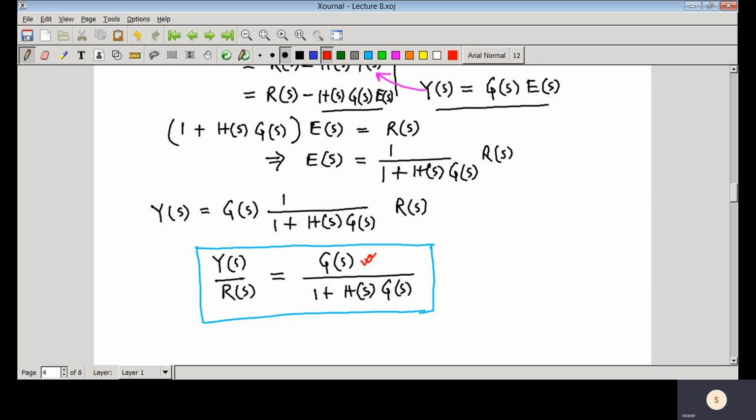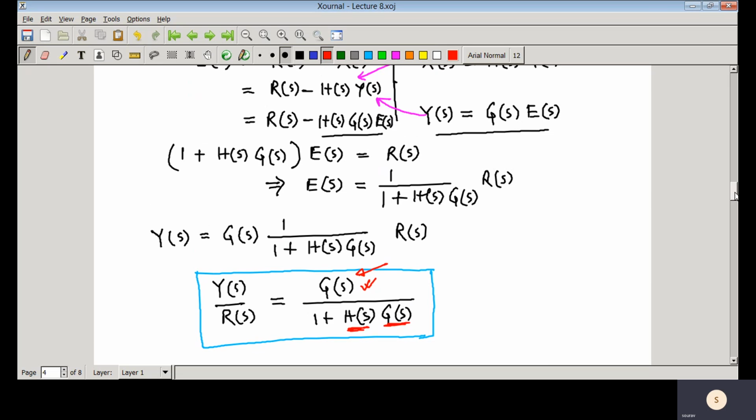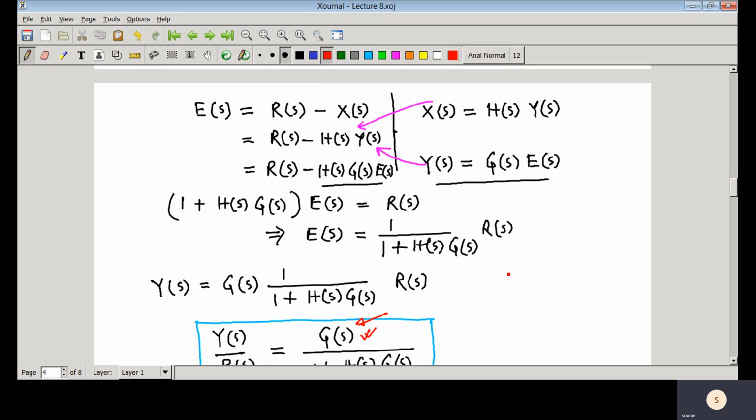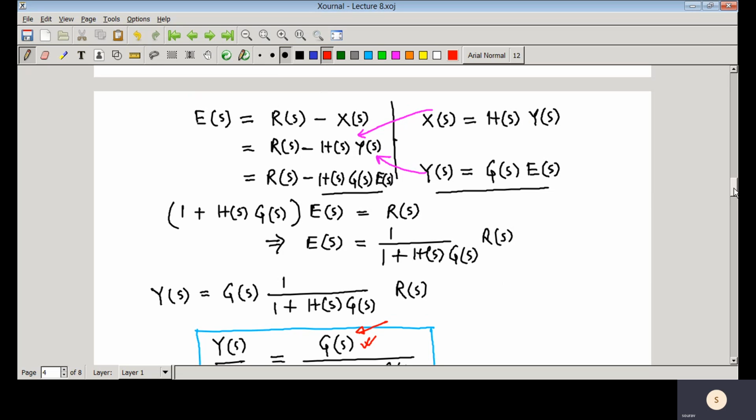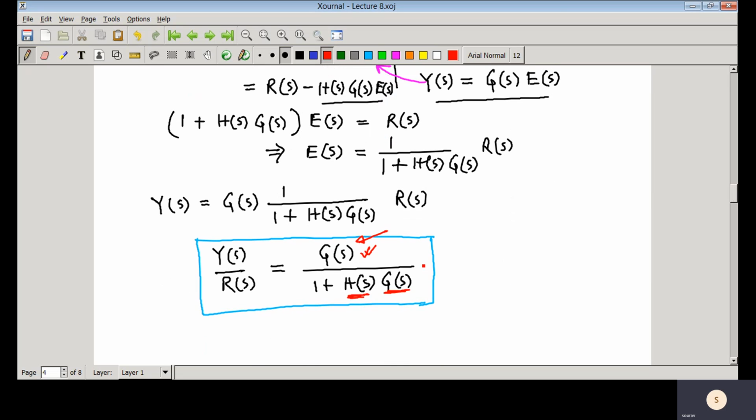That means the forward path transfer function divided by 1 plus H(s) into G(s), where H(s) is the feedback path transfer function. You should remember this structure, because whenever you are simplifying a block diagram and your objective is to find the transfer function, every time you need not do all these derivations. Just by looking at the block diagram you can directly write the transfer function.